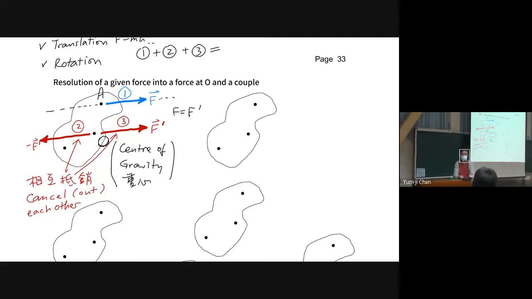If we say we have three forces acting on the rigid body, actually it only means we have one force, right? It is the same. Having only one force acting on the rigid body is the same as having three forces, because force 2 and force 3 cancel out each other. Is it okay?